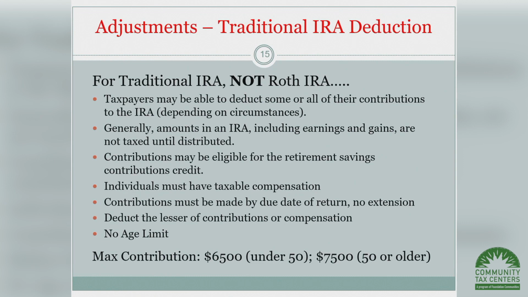It's on E-15, the information that I've just covered with you. But remember, you have to have compensation. And there are limits on the amount that you can contribute and deduct. Okay? Any questions at this point?